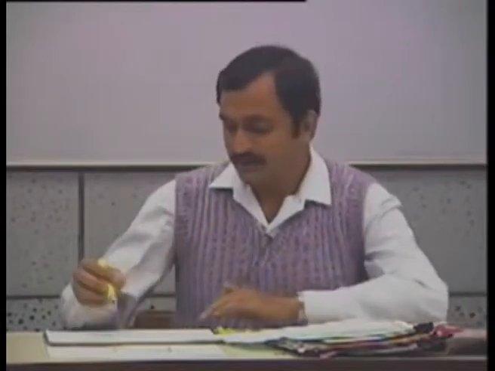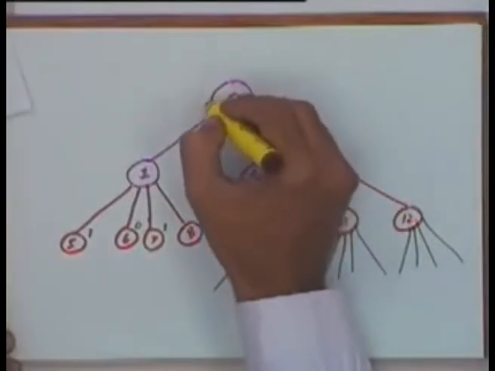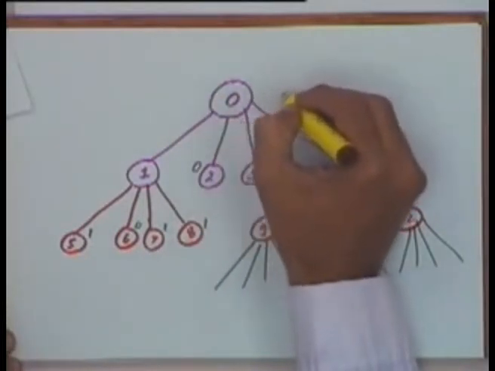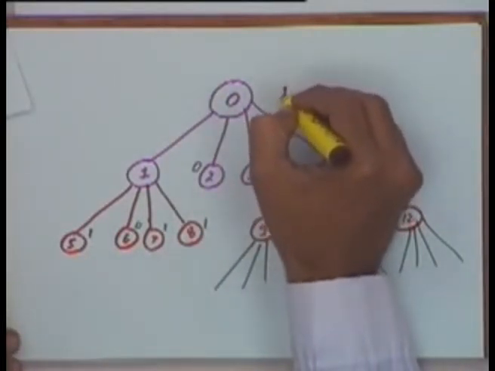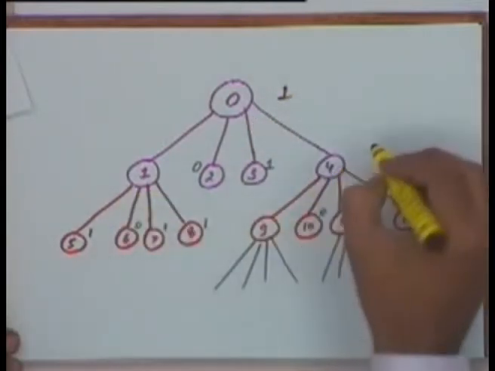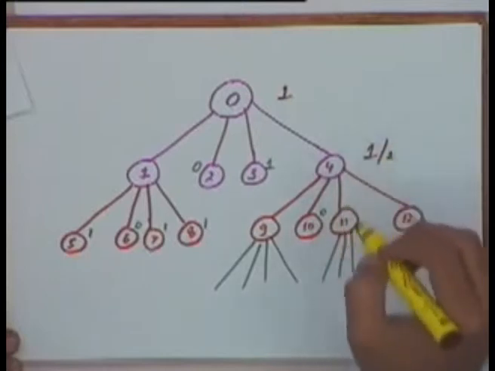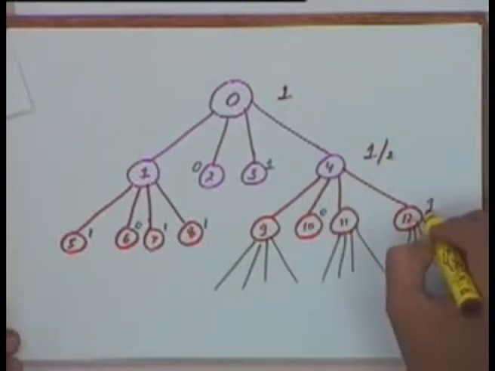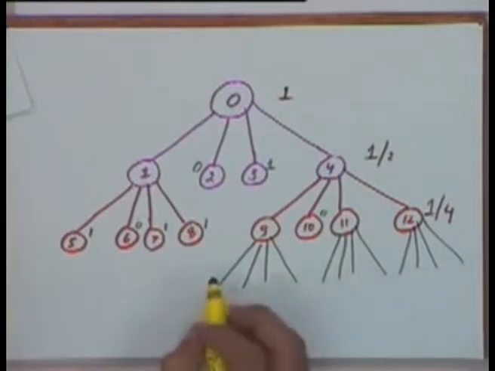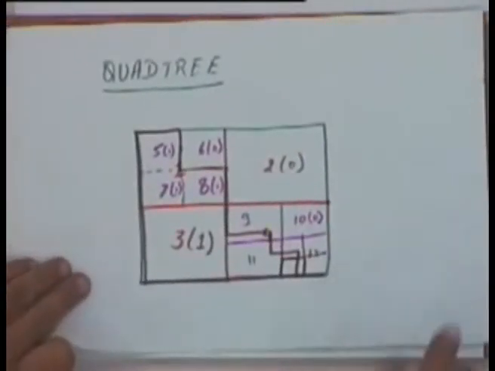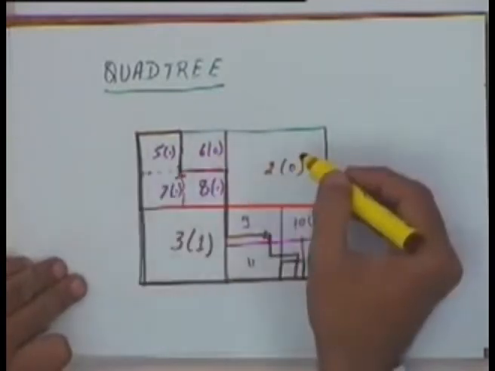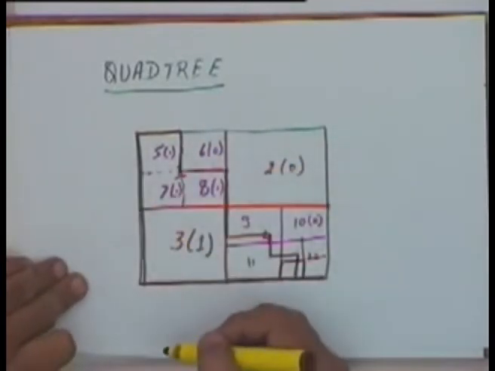If you consider the square that is being represented at this level, let's say this has a size of 1, unit size, the size here will be half, the size here will be 1/4, because we are dividing a square into 4 parts, into 2 equal parts in either direction.